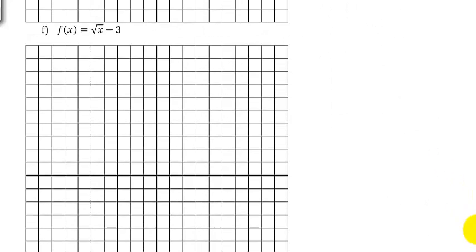Now in this last example, we have a minus 3, but this time it's outside of the square root. When we had a plus 3 outside of the square root, it shifted our graph up 3 units. So this one is going to shift it down 3 units.